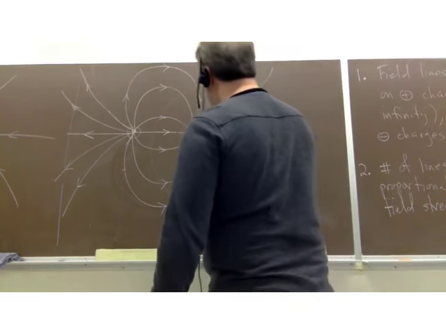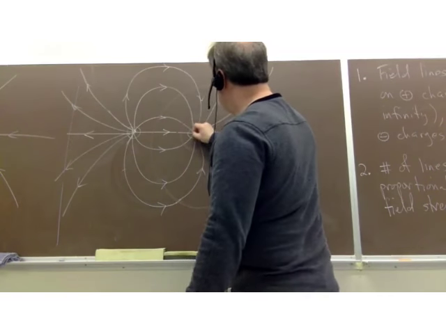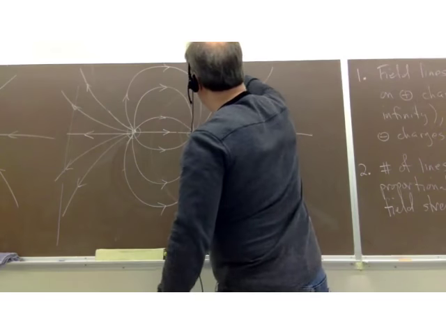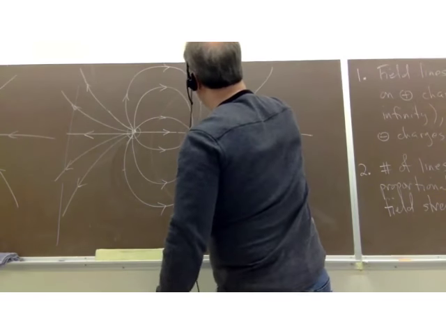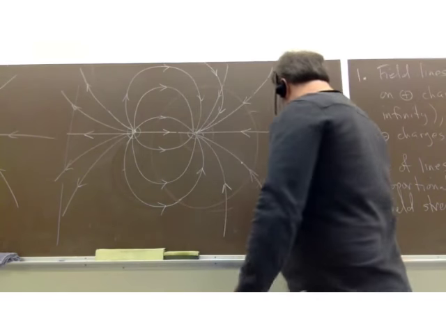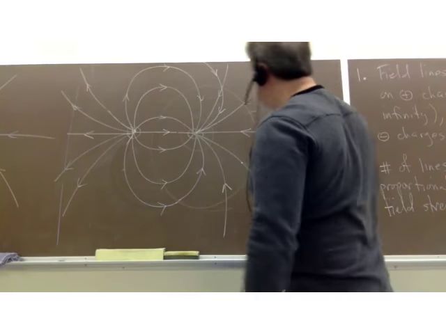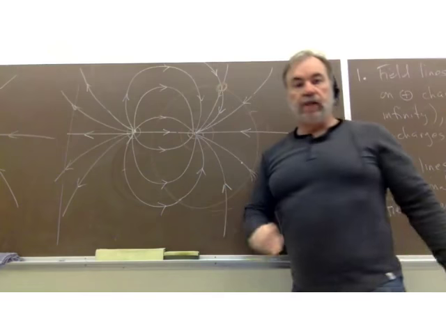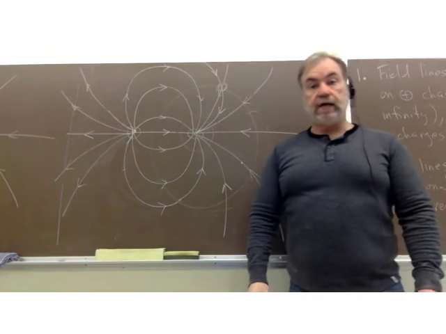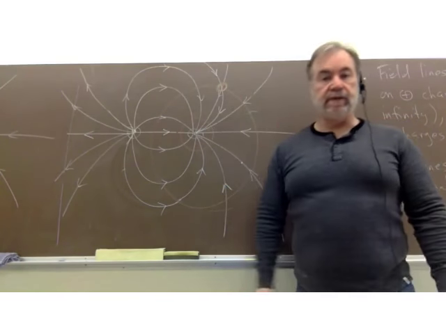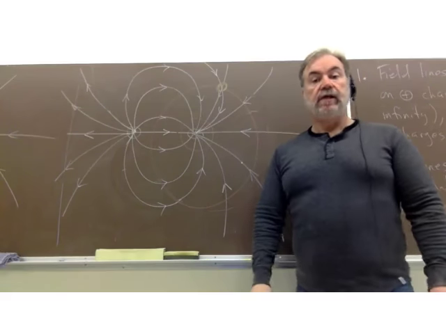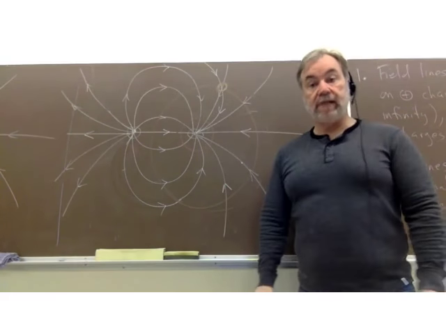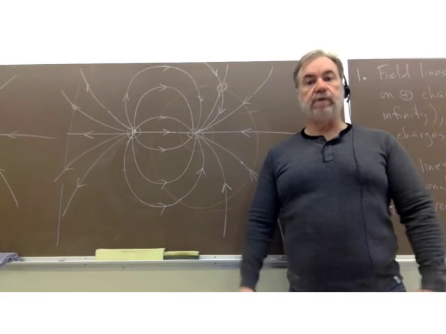But what if I were to draw something like that field line? Okay. The problem with this is that at this point right there, the electric field would have 2 different directions. Well, this diagram would be claiming that the electric field points in 2 directions at the same place, which is clearly impossible.